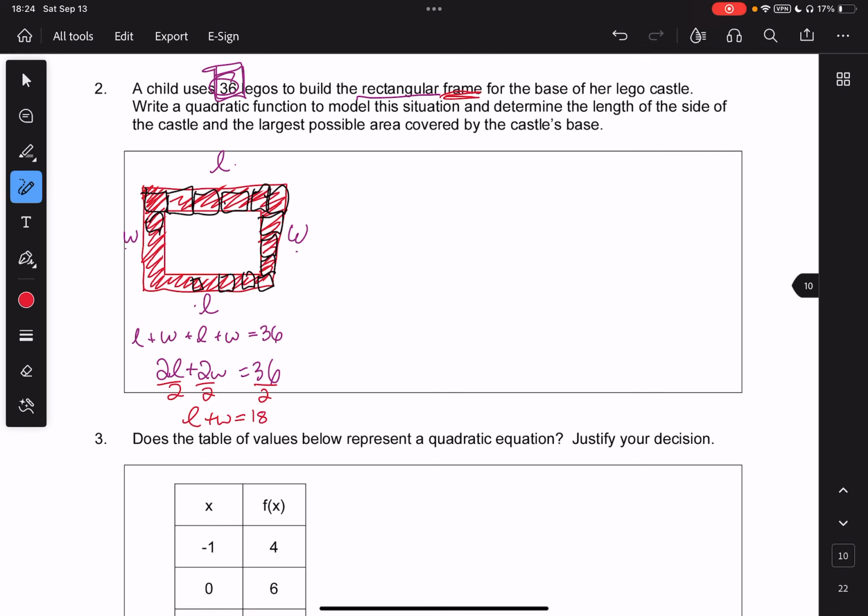Okay. So now, how are we going to solve for length or width? Remember, this is our equation: length plus width is equal to 18.